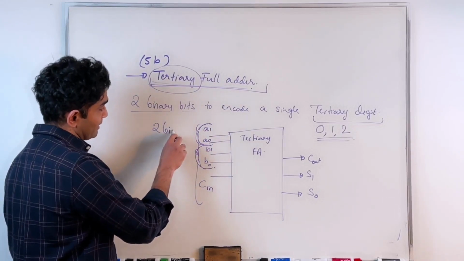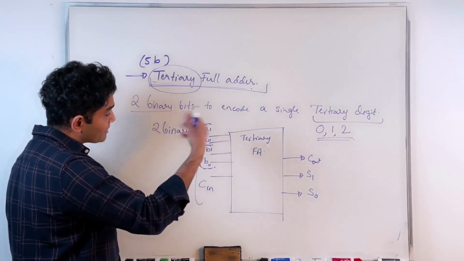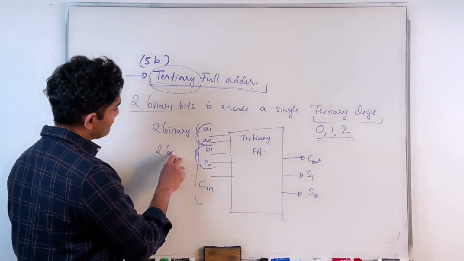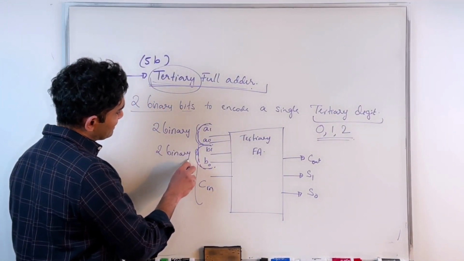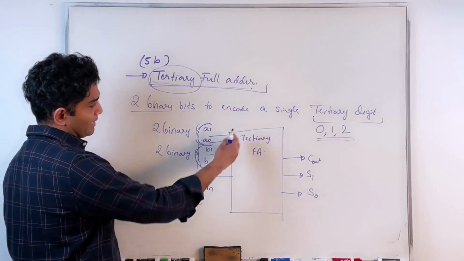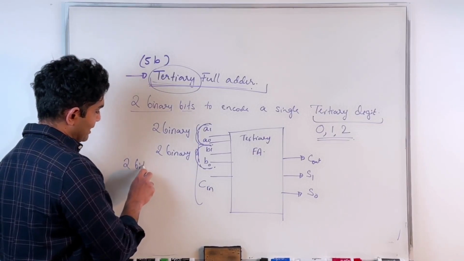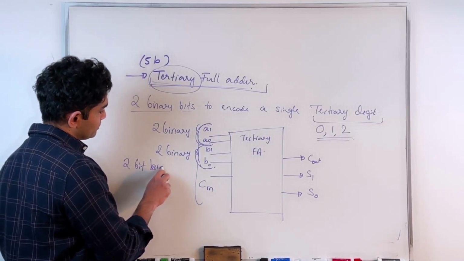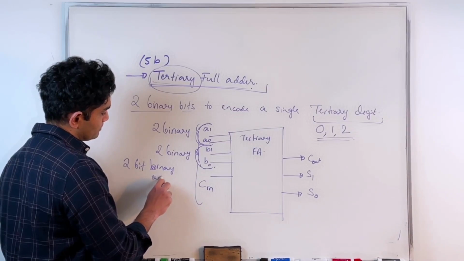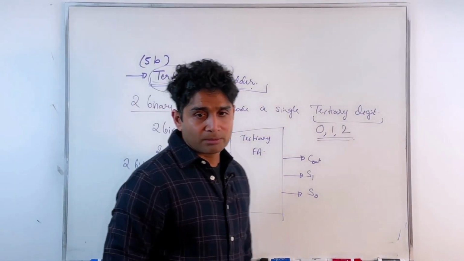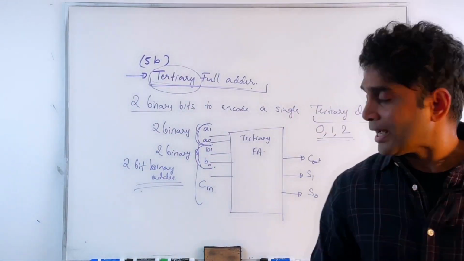Of course, it's actually a tertiary number, but it's still encoded as a 2-bit binary number. If I want to add them together, instead of designing it from scratch, can I use a 2-bit binary adder to perform this addition? Because if that's the case, then I don't have to do anything there.